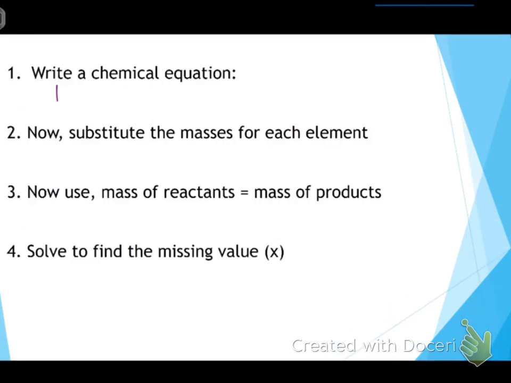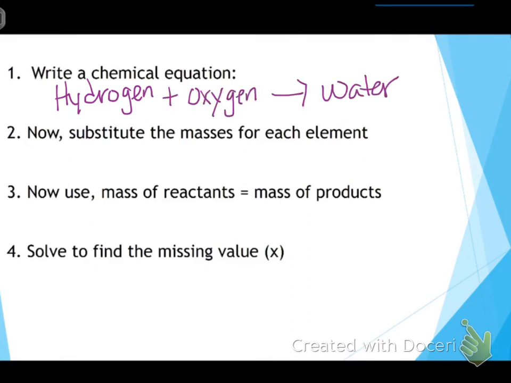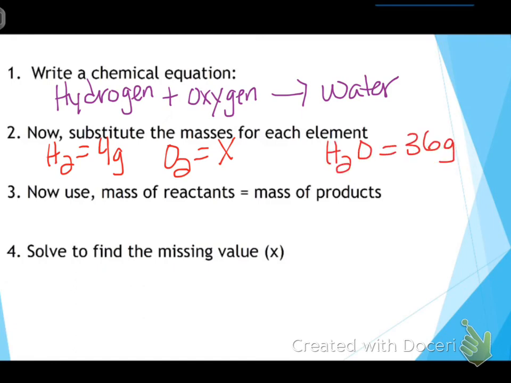So now let's write the chemical equation. Hydrogen plus oxygen equals water. Substitute the masses. Hydrogen, there's 4 grams. Oxygen is X because we don't know. And then H2O equaled 36 grams.